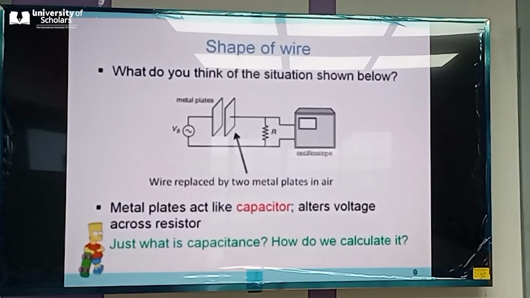So what is inductance and how do we calculate it? Answering these questions requires us to go beyond the circuit theory point of view.